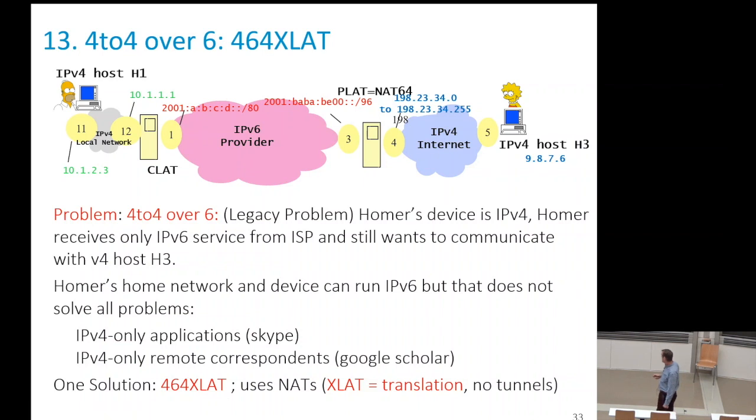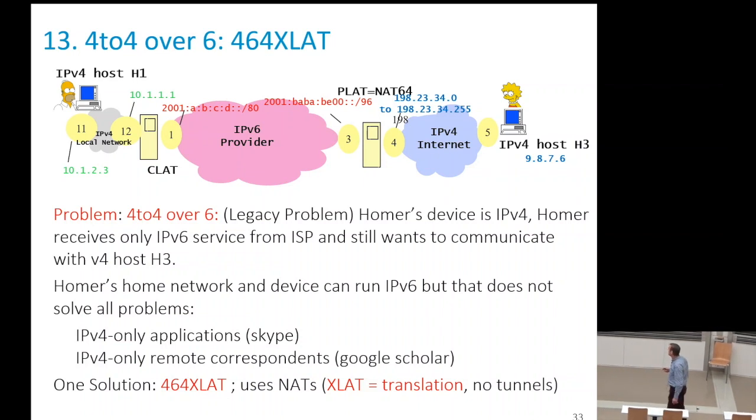Right? But your provider gives you only IPv6. Bad luck. This is what happens, for example, or will happen, starts to happen in some regions of the world where some providers for some services, typically cellular telephony, will give you only IPv6 access because they don't have enough IPv4 addresses to give to everyone.